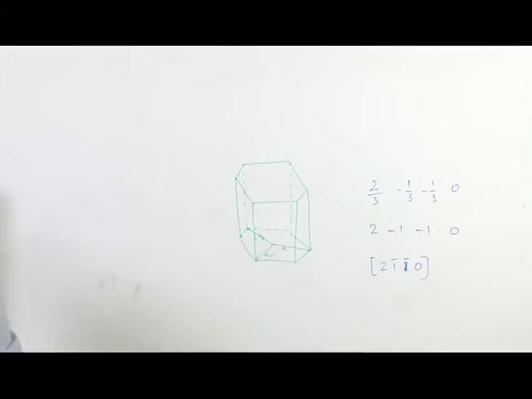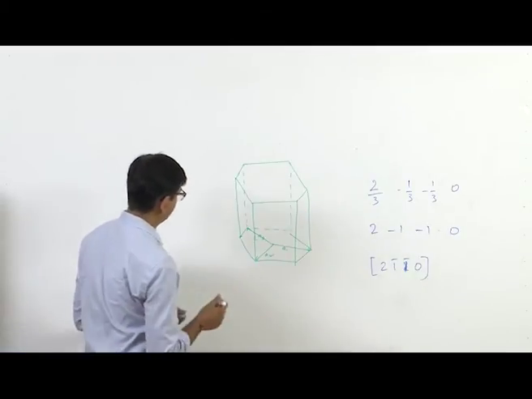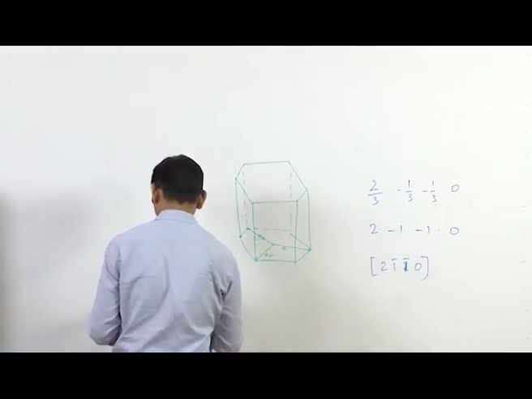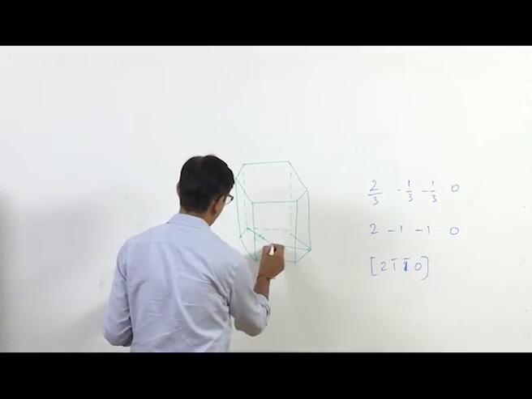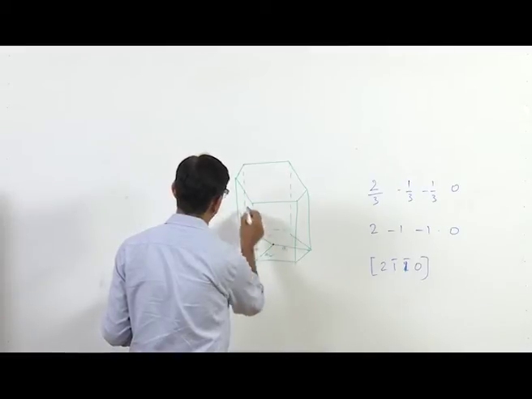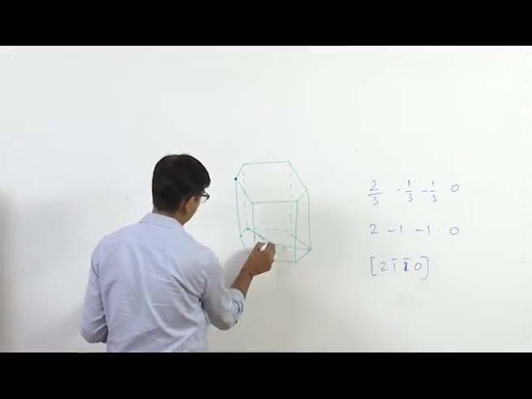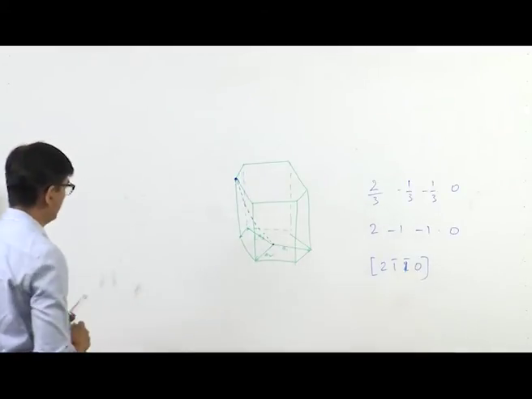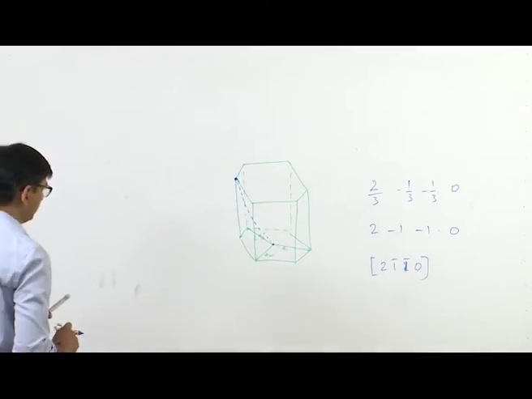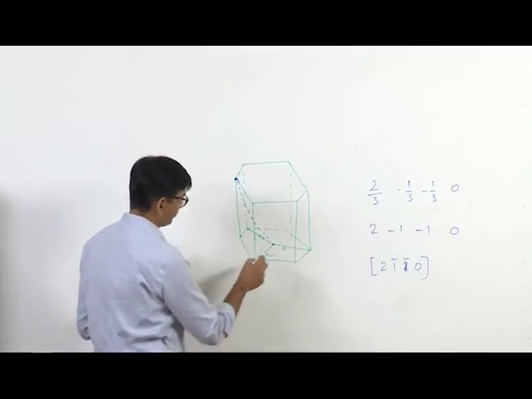Now, we can take any direction, maybe let us say we take a direction like this, starting from here, going there. Okay. So, let us say this is the direction we are talking about. For this direction, what will we have to do?